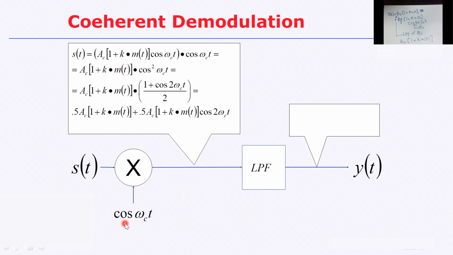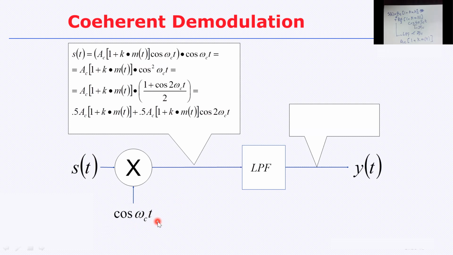Let's do another example. What if there is some sort of shift between the phase here and the phase there? So you have cos(ω_c t + φ). What will happen to the received signal?